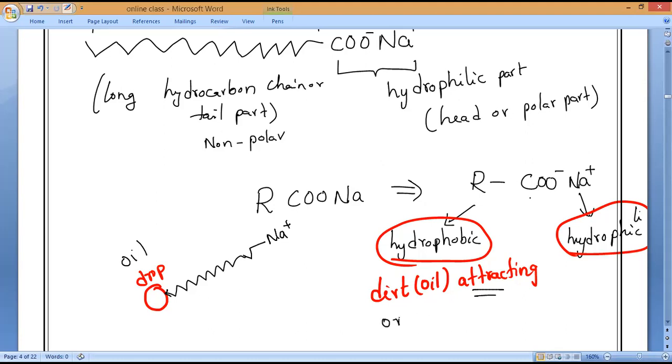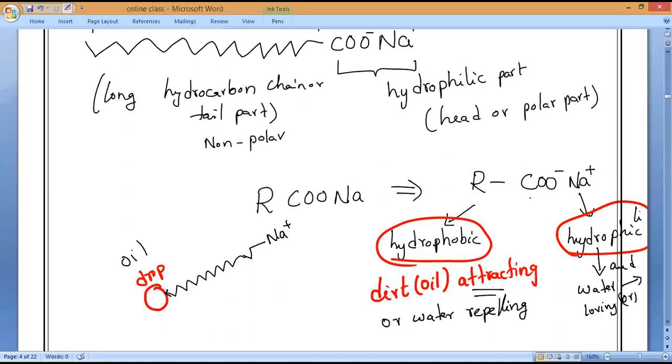Attracting. Or you can notice with the water, what will it show, guys? Water, repelling or attracting? It is repelling. Okay, now if you take hydrophilic sodium plus, it will be water loving, which means it moves towards the water.